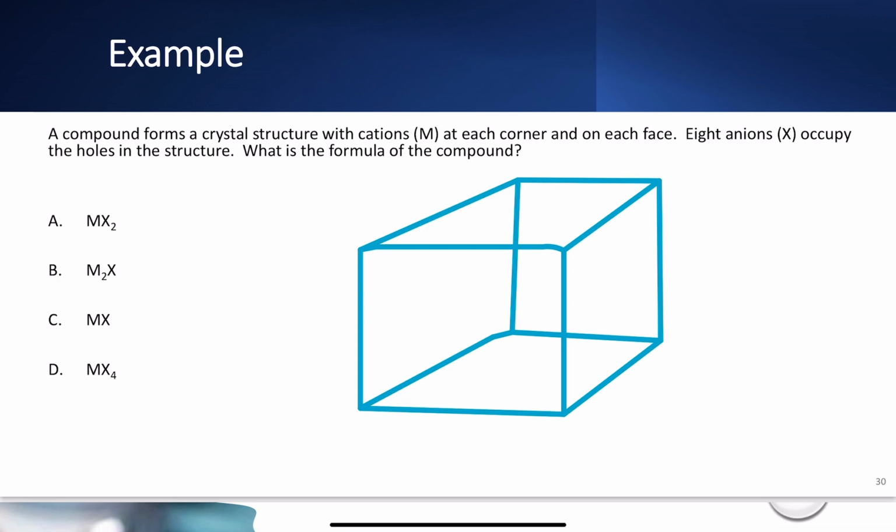We'll pretend that's straight. And it says cations M at each corner and on each face. M is just a way we often represent a cation. It's just a generic letter for it because M stands for metal and mostly cations are metals. It's telling me I have one at each corner and each face.